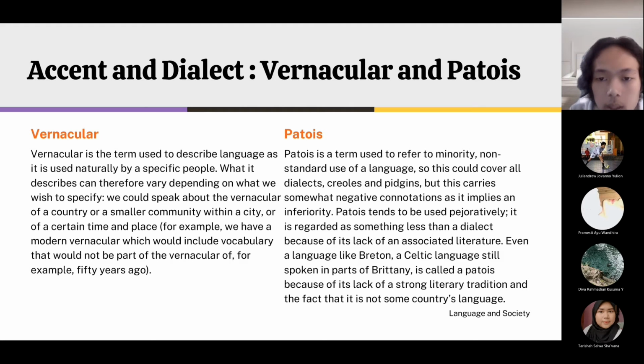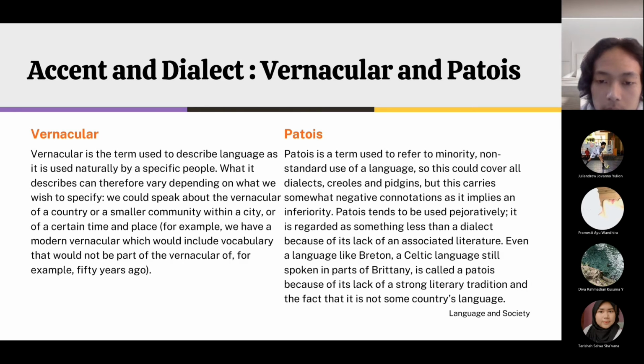Patois is a term used to refer to minority, non-standard use of a language, so this could cover all dialects, creoles, and pidgins. But this carries a somewhat negative connotation as it implies an inferiority. Patois tends to be used pejoratively.